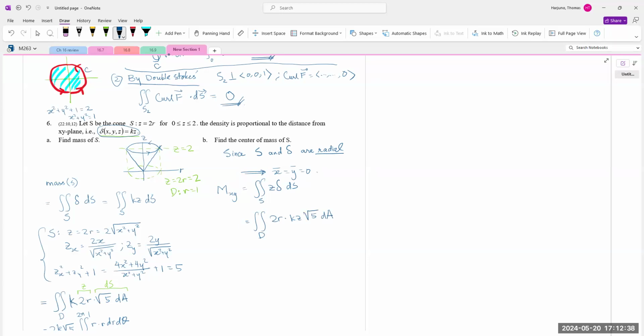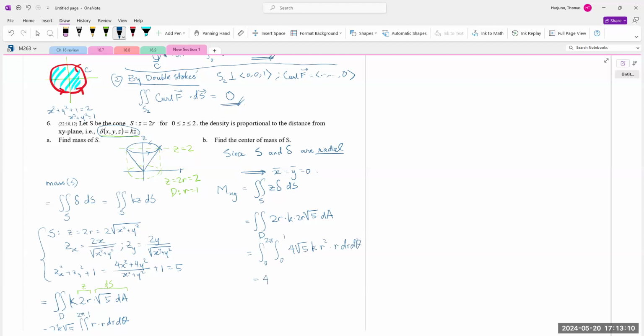Oh, what is my z again? I'm sorry. My z is 2r. What am I doing? So I have integral from 0 to 2 pi, integral 0 to 1, 4 square root of 5 k r squared r dr d theta.